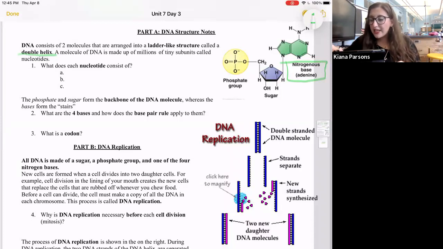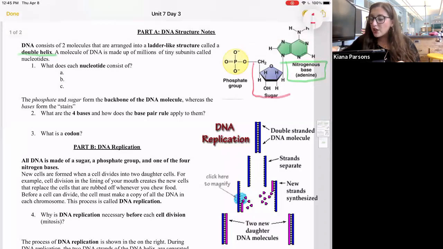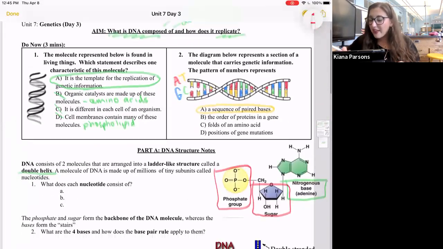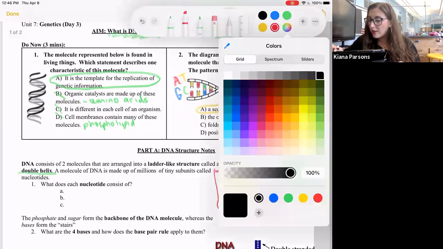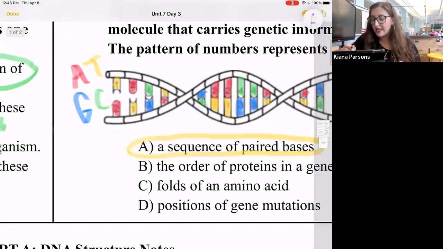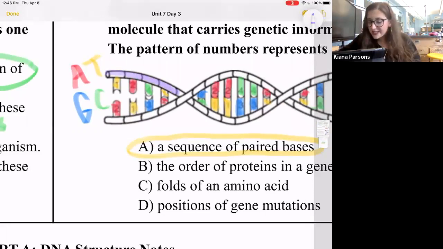Each nucleotide consists of not only that nitrogenous base, but also a sugar and a phosphate group. The nitrogenous bases get paired up in the center, and the sugar and the phosphate group make up the backbone, as we refer to it, of the DNA. This part that I'm shading in purple is the sugar phosphate backbone of the double helix structure of DNA.